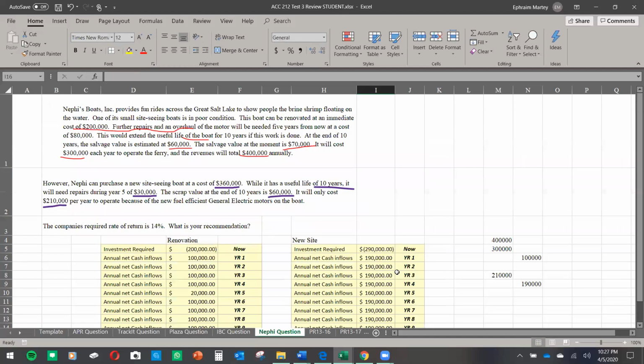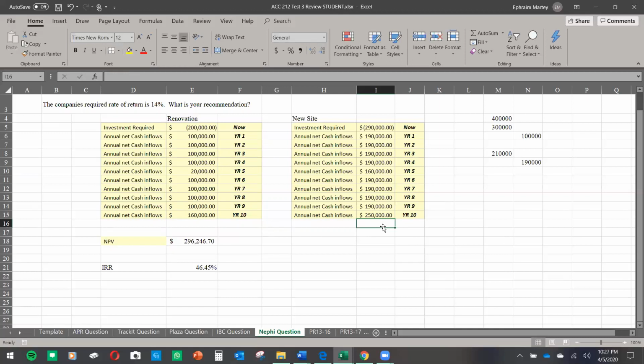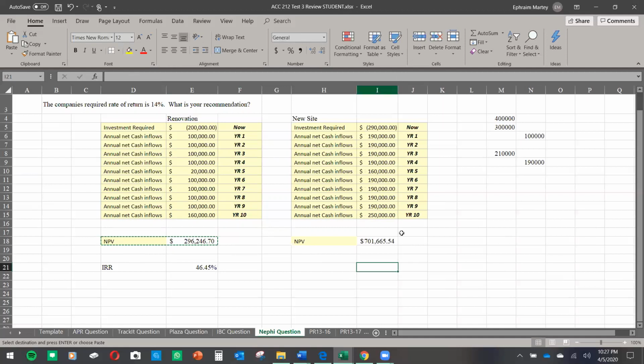In the 10th year we have 250,000. Because I already have it computed, I just copy and paste here, and that gives me my 701,000 as my net present value. And what is my internal rate of return? I just copy and paste it here. That's 54.61. So that is it for this problem.